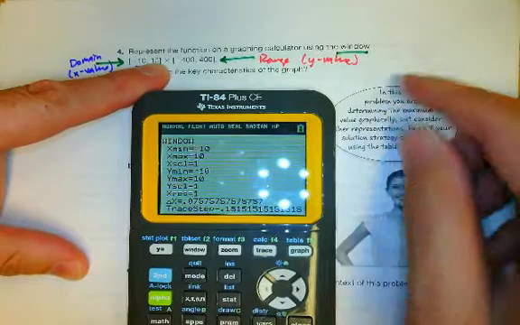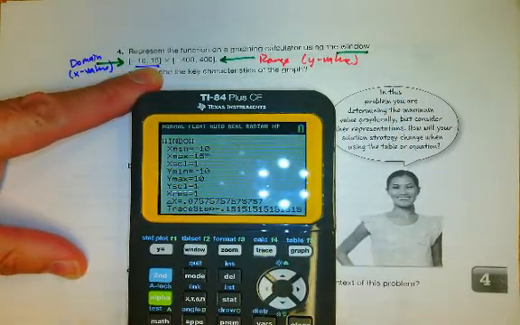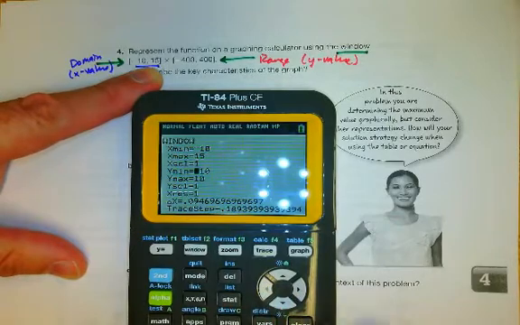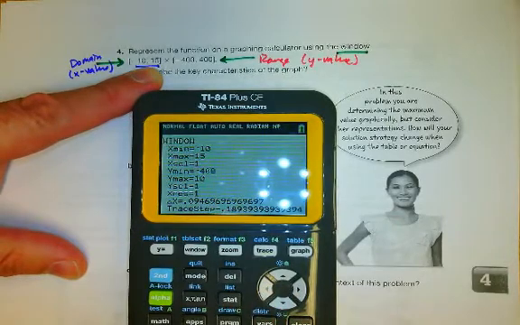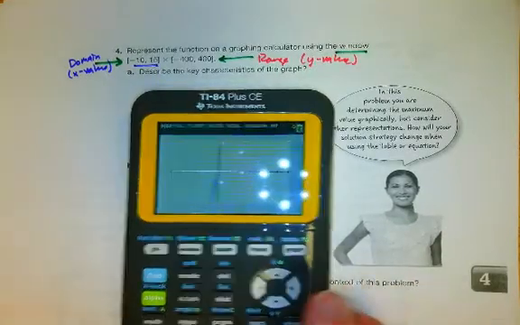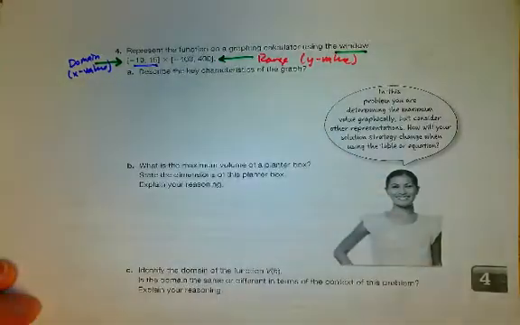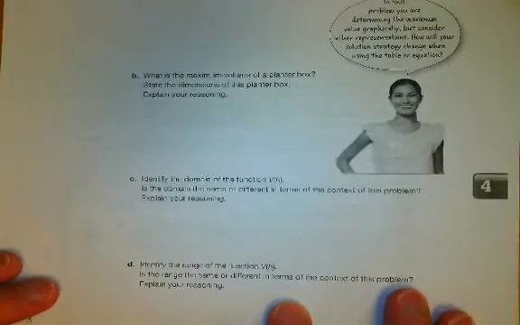So this would be the smaller and the larger domain, which means our minimum is negative 10, our maximum is 15. We're going to go down to the y minimum of negative 400 and a y max of 400, and when you graph it, hopefully now you can see all the graph and all the important pieces of the graph. So using this graph, make sure you can answer all of 4.